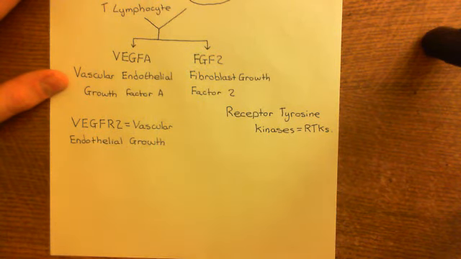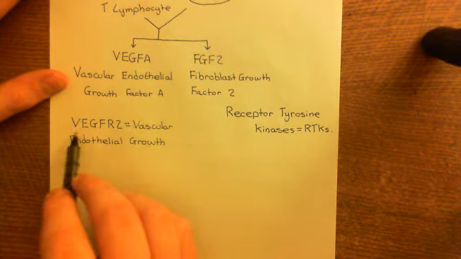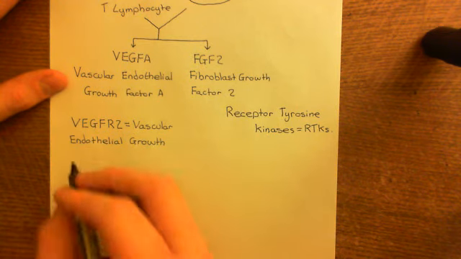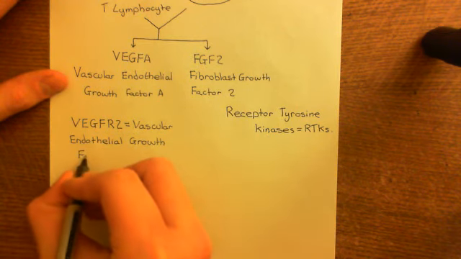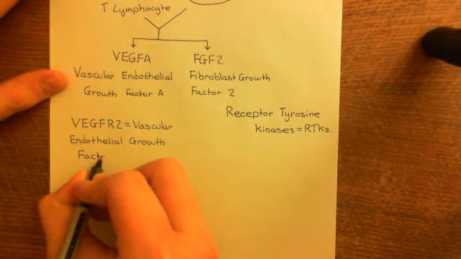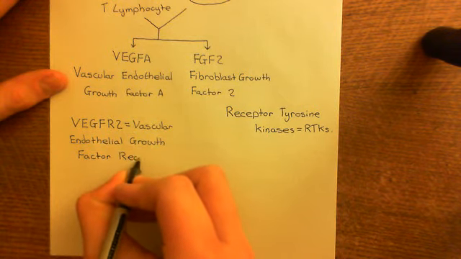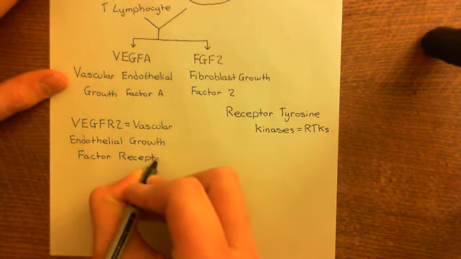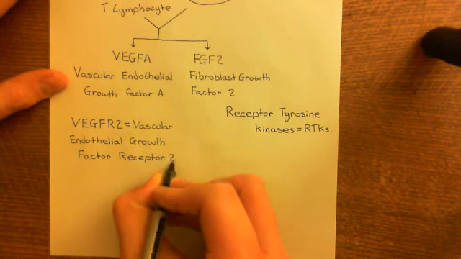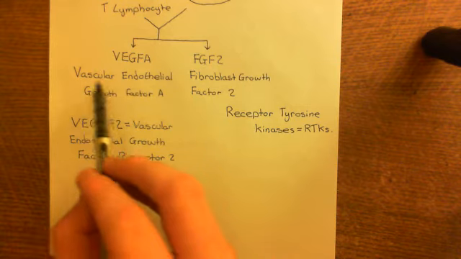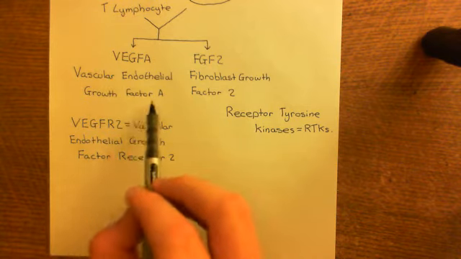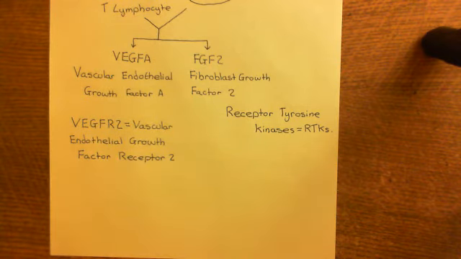So if a cell doesn't want to be stimulated by vascular endothelial growth factor, it could put on its surface the vascular endothelial growth factor receptor 1, and that would basically sequester all of the vascular endothelial growth factor and stop it from stimulating the vascular endothelial growth factor receptor 2. Similarly, the other vascular endothelial growth factors aren't as important as vascular endothelial growth factor A.